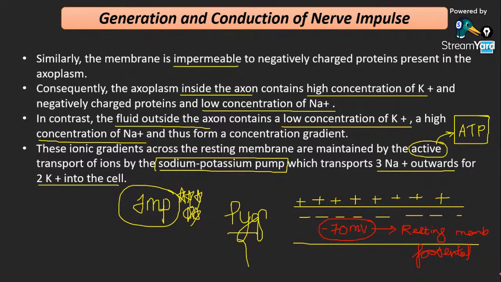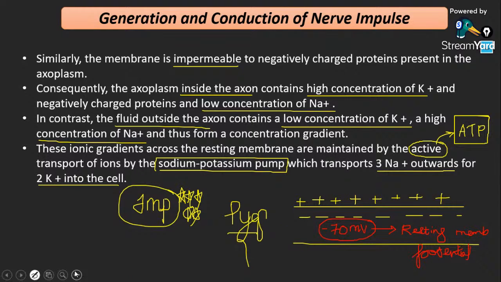Clear? Yes. So what is this trying to convey to you? Minus 70 millivolt of charge is required for the generation of a signal. At the instant when the charge reaches minus 70 millivolt, it is eligible for the generation of a signal. Okay.